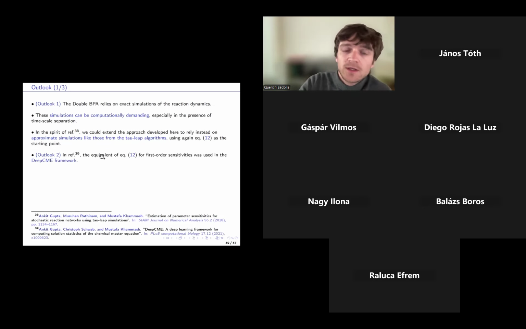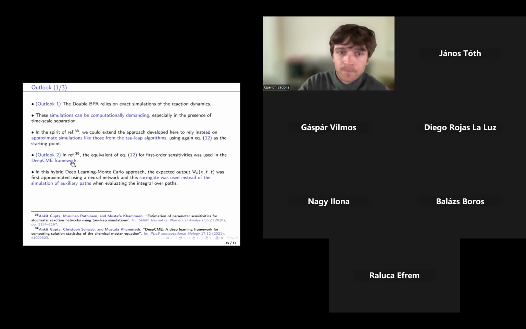Second outlook is that in this reference 39, the equivalent of the second order representation formula was used for first order sensitivities in what was called the DPCME framework.